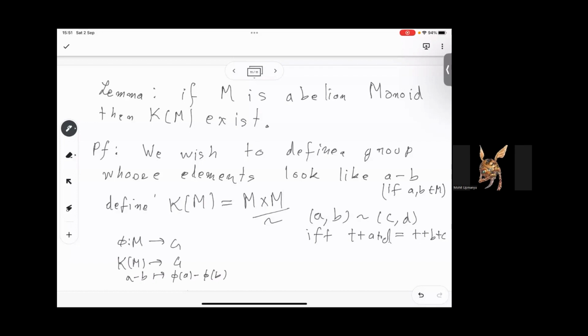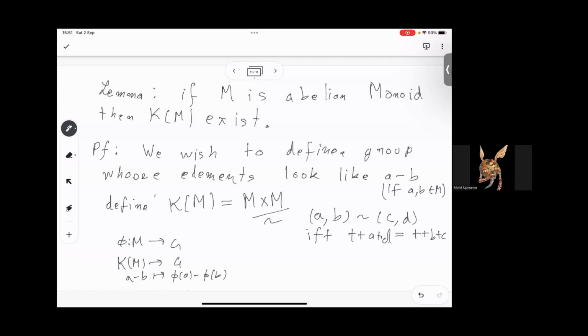The way we have defined it, it's kind of obvious how to extend it, and it always extends uniquely. So at least the universal property is easy to check.